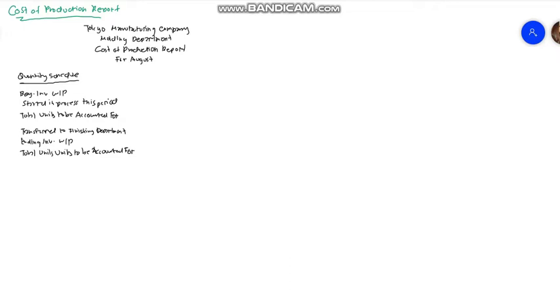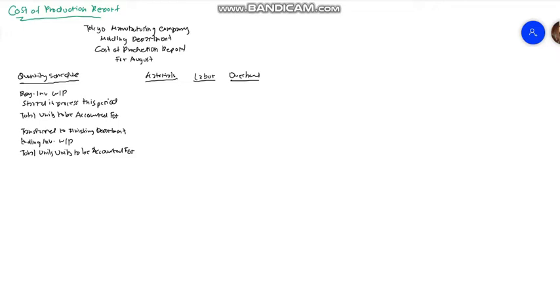This is most likely how my handwriting will look like. Okay, so we're just going to put materials, labor, and overhead. So for this one, we will show the percentages of its completion if it's not yet complete.